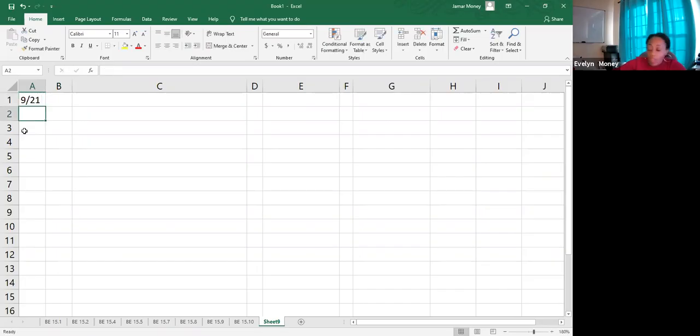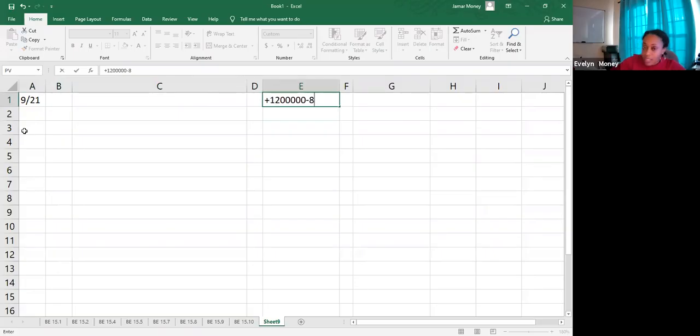Now, if you remember, the original value of these investments was $875,000, but now it's worth $1.2 million. So the difference between that $875,000 and that $1.2 million is the amount that I need to use to increase the value of my equity investment.